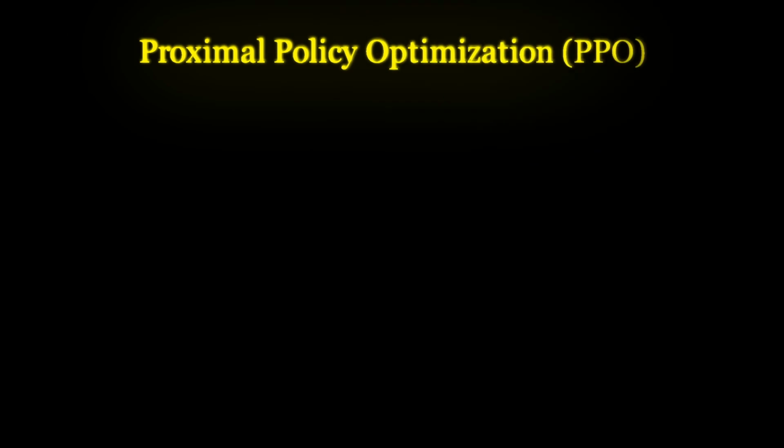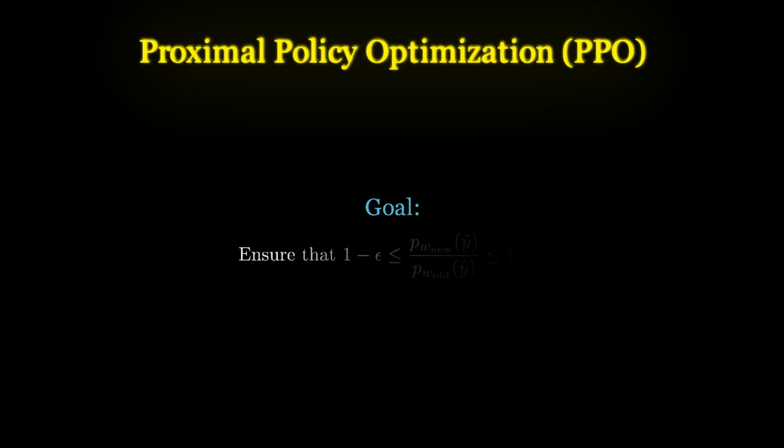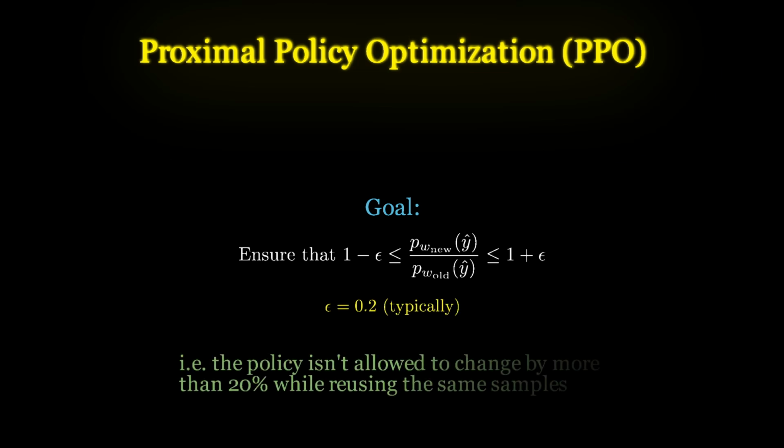And the most popular way of doing this is with a method known as proximal policy optimization, or PPO for short. PPO aims to keep the ratio of new to old probabilities within 1 minus epsilon and 1 plus epsilon, where epsilon is a hyperparameter usually set to 0.2. Simply put, it doesn't allow the new probability to change more than 20% from its old value.